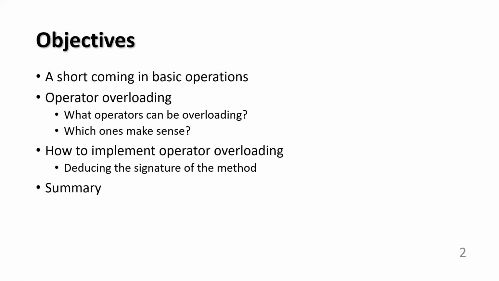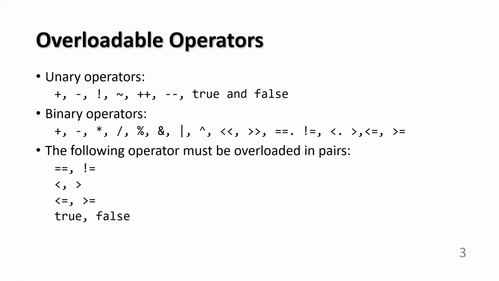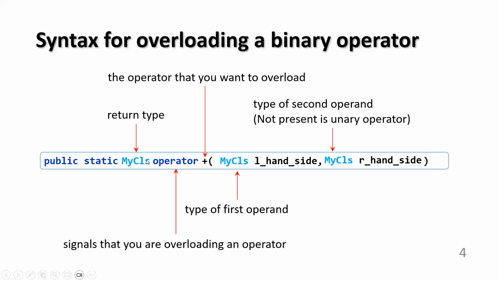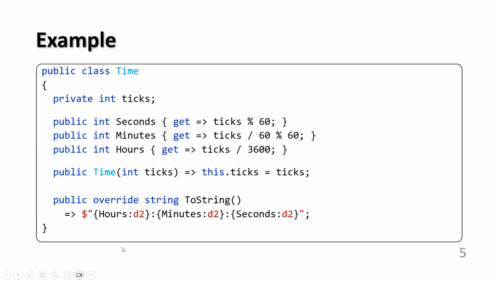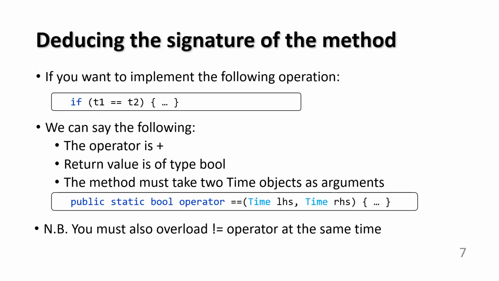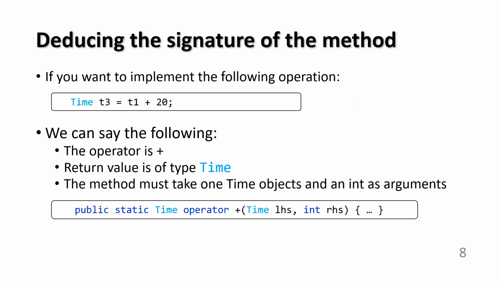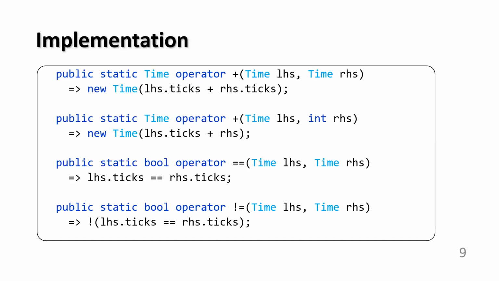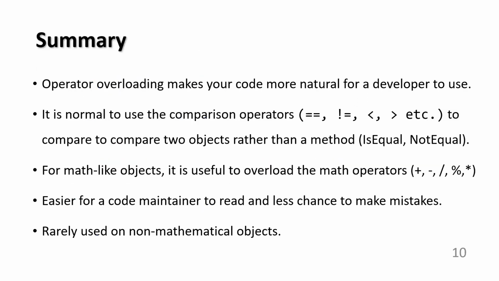Operator overloading, how to implement that, and summary. So, guys, again: public, static, something, operator. Then I want you to spend time on slides number 5, 6, and 7. I didn't get those, and also 8, and also 9.